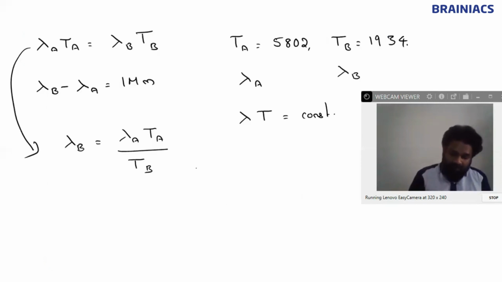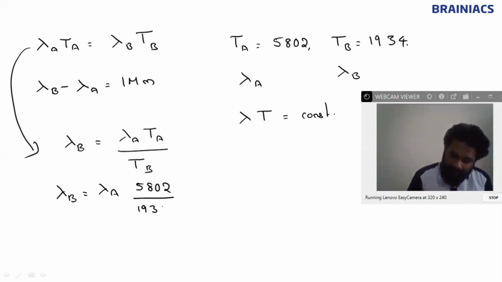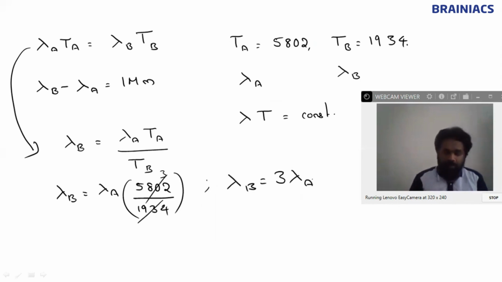So let us find this. Lambda B is equal to lambda A into TA, 5802, divided by 1934. If we cancel them, this is 3. We will be getting lambda B is equal to 3 lambda A.